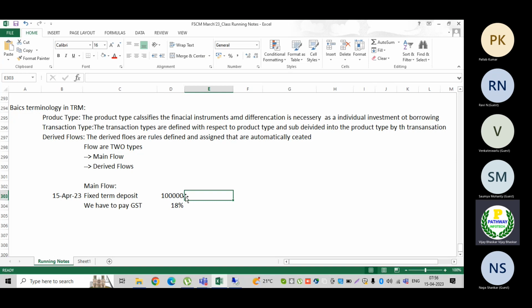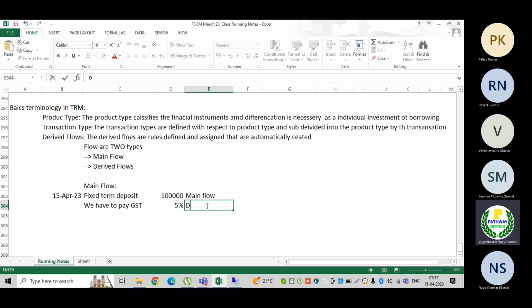The main flow is when we are doing the investment. Then with the help of the main flow, I want to calculate GST on my investment, depending on the rules defined by the government. Let us assume 18% is too high, then I put it as 5%.